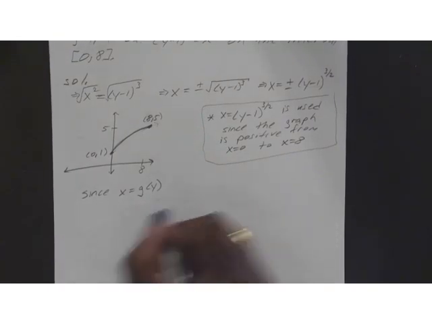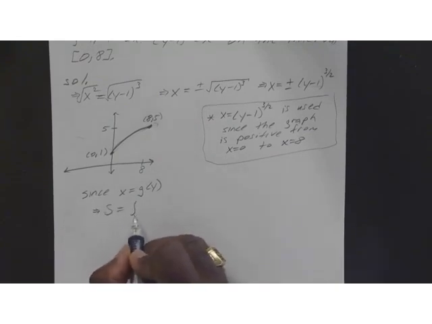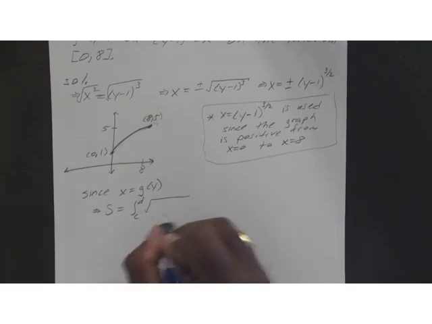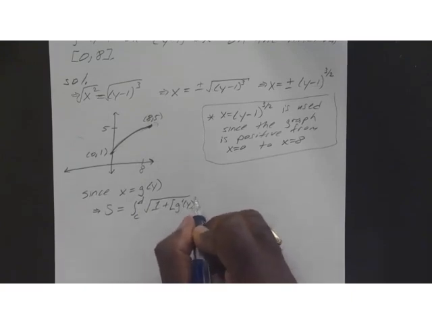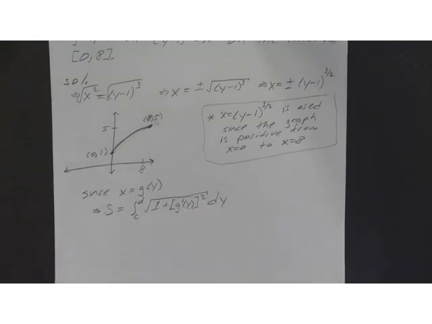We know that our arc length will equal the integral from c to d of the square root of 1 plus g prime of y squared with respect to y.